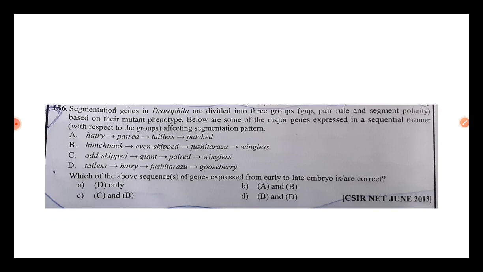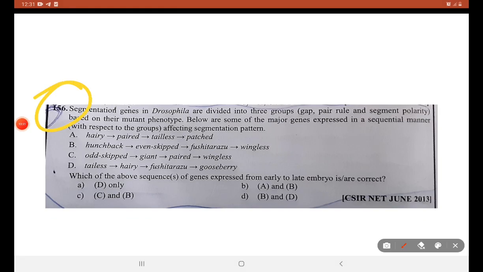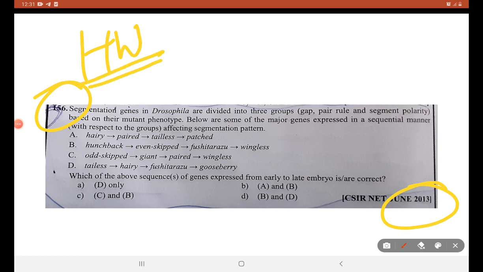So far we have seen almost all the questions except one. Question number 156, June 2013. Take it as homework. Segmentation genes in Drosophila are divided into three groups: gap gene, pair-rule gene and segment polarity gene, based on the mutant type. Below are some of the major genes expressed in a sequential manner with respect to groups affecting the segmentation pattern.